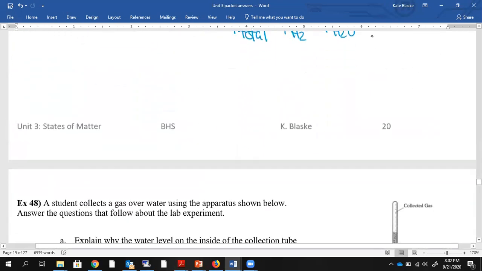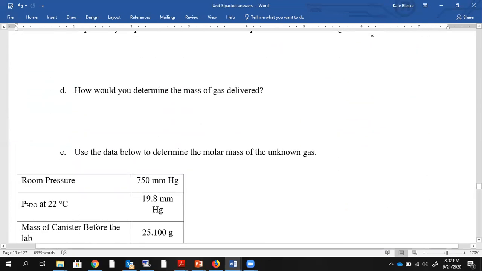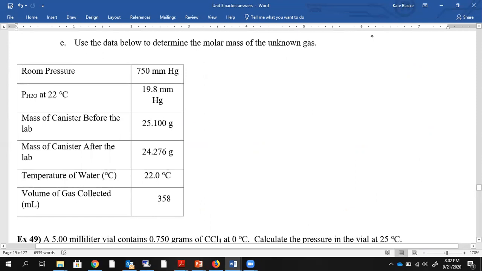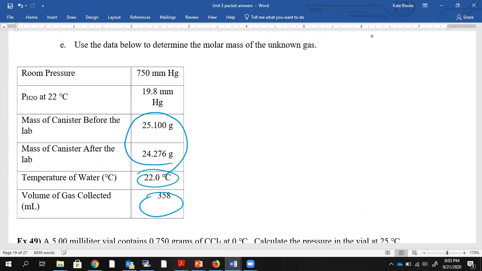What we would see in a problem about this would be something like this data. We would know the volume of gas we collected. We know what temperature we're at. We know what mass of gas went in there, which means we can figure out moles.